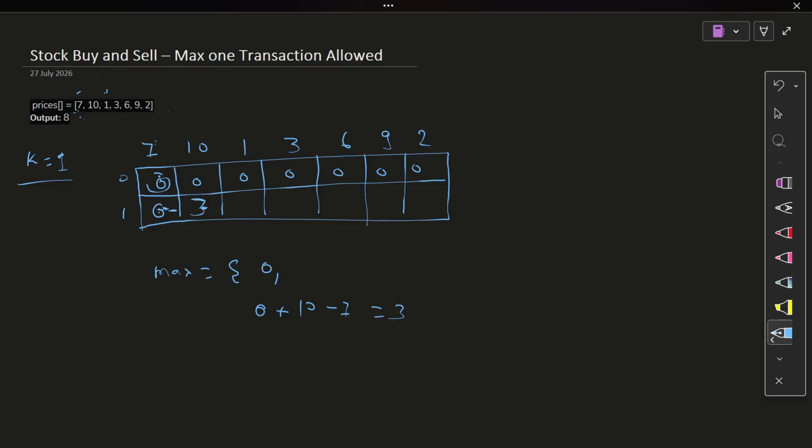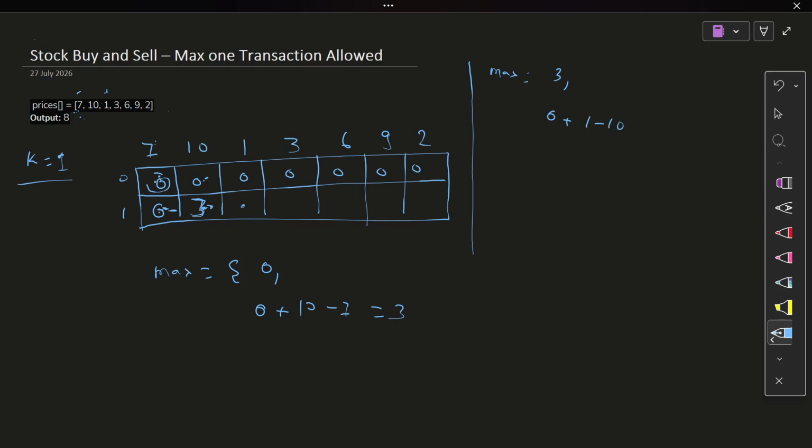Here, zero transactions happen, and one transaction is 1 minus 10, so 0 plus 1 minus 10.